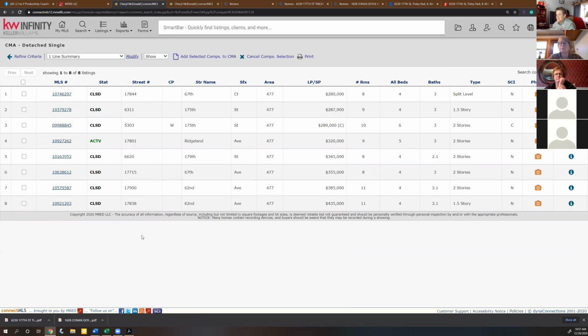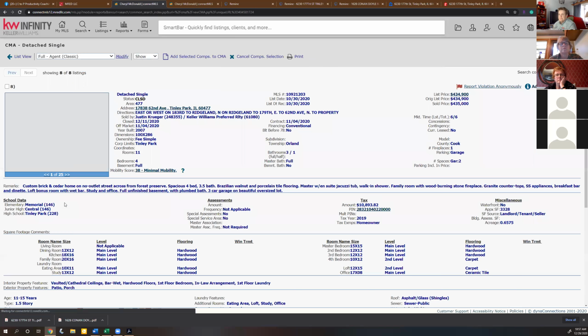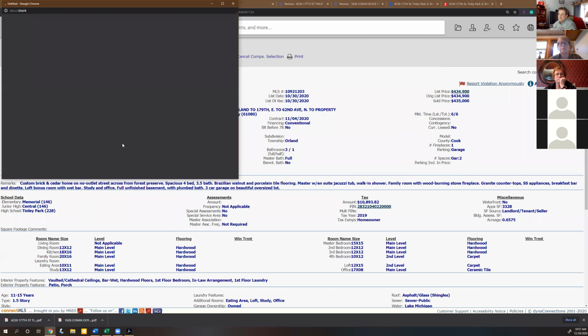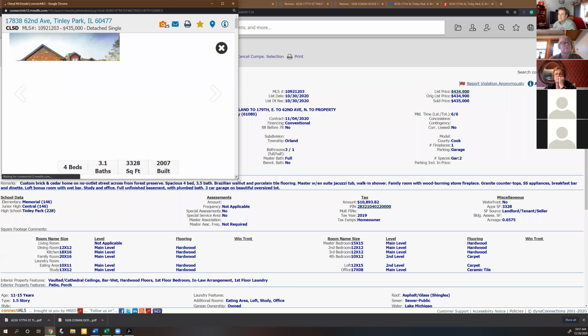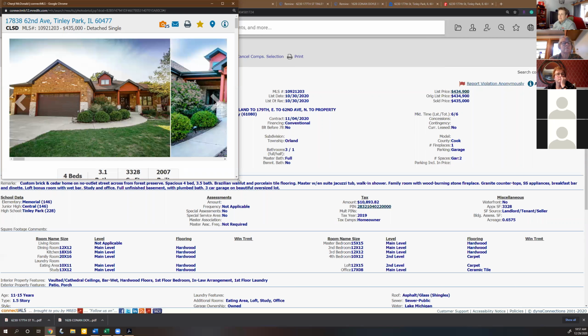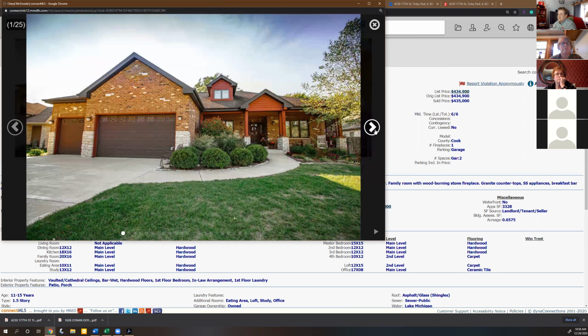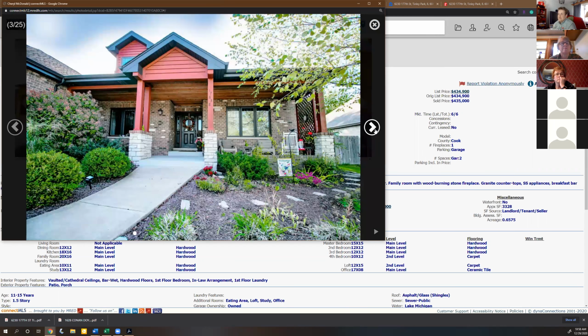Okay. So these two houses right here on 62nd Avenue are the houses at the other end of my street. This house recently sold. This is actually my neighbor's house. They just did it for sale by owner. It's a great looking house. They've taken immaculate care of it.